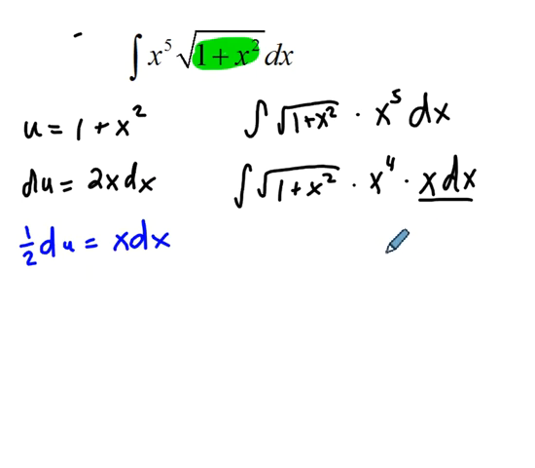So I'll have the integral of 1 plus x squared, x to the 4th, and then I'll change this piece to 1/2 du.